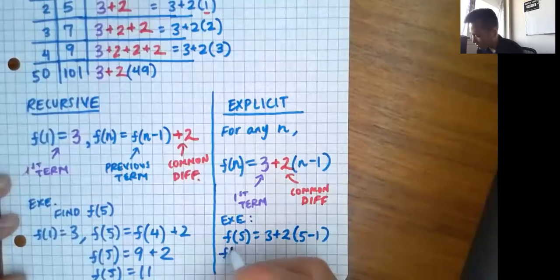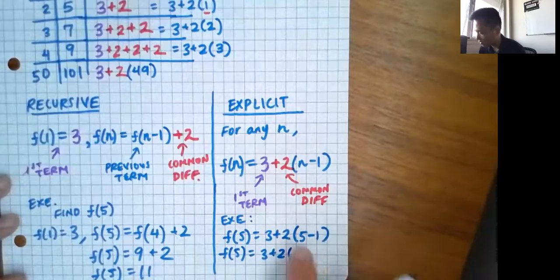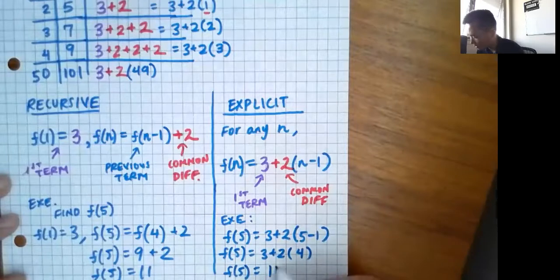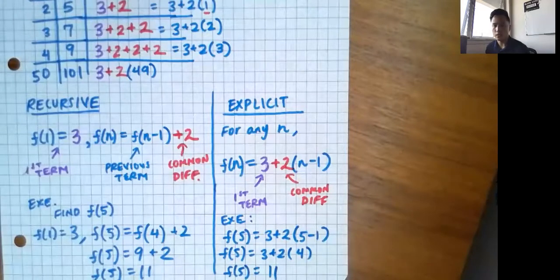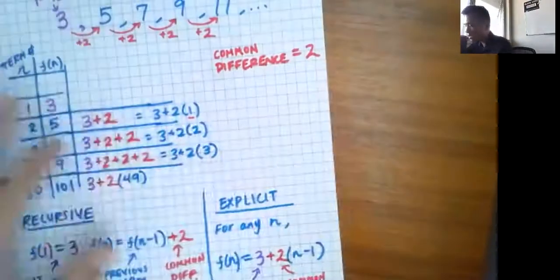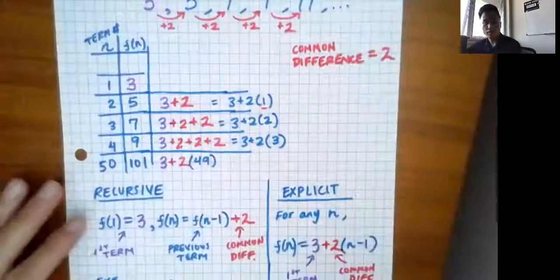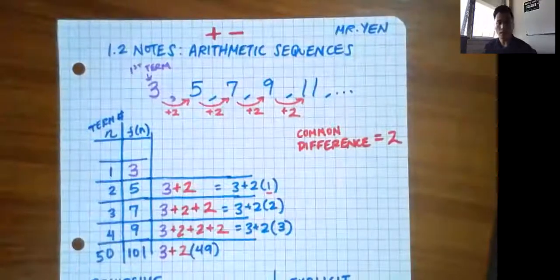So f of 5 is equal to 3 plus 2 times 5 minus 1 is 4. So f of 5, the 5th term in the sequence, is equal to 3 plus 2 times 4 is 8. 8 plus 3 is 11. 5th term in the sequence is 11. Same thing. Okay. So that is how you use recursive and explicit formulas for arithmetic sequences.